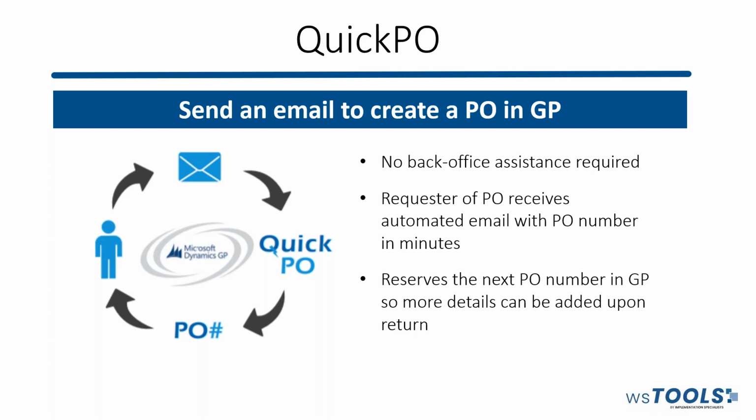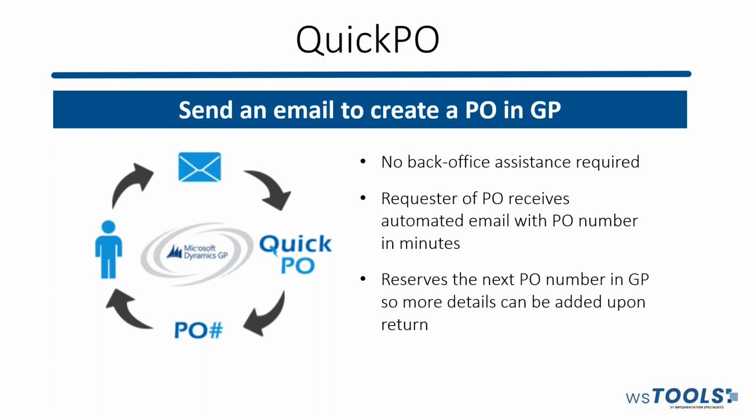It actually takes that information and sends it into GP and creates kind of a start of a purchase order for you, but then it will also send that PO number back to the technician that's requested it. And so they can give that then to Home Depot, wherever they're at, because sometimes those PO numbers are required in order to do those purchases.